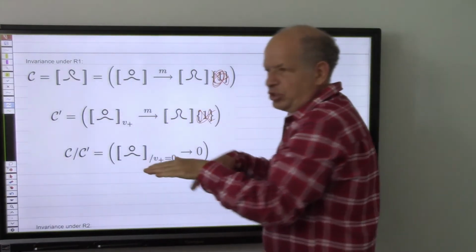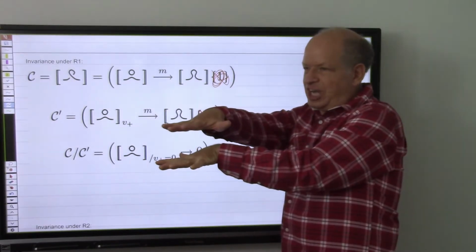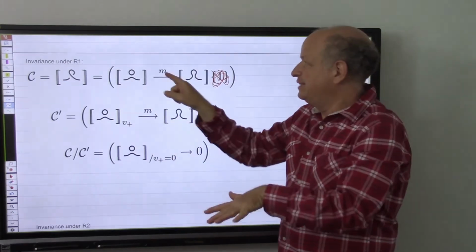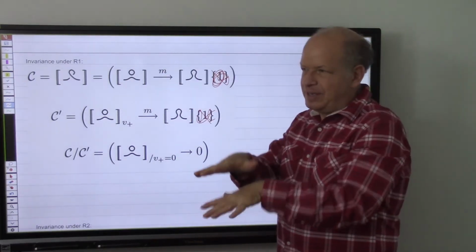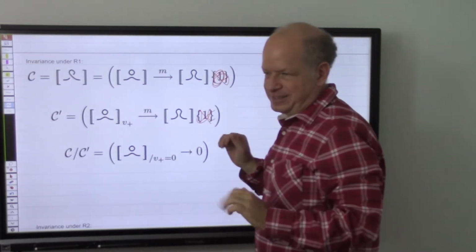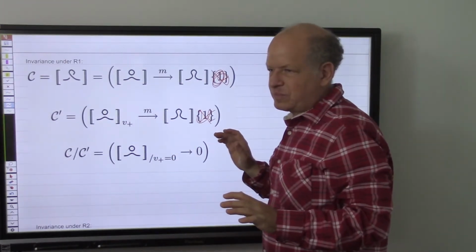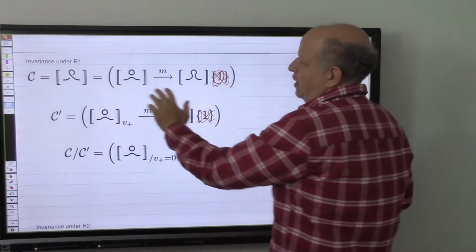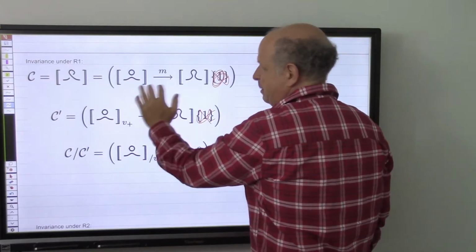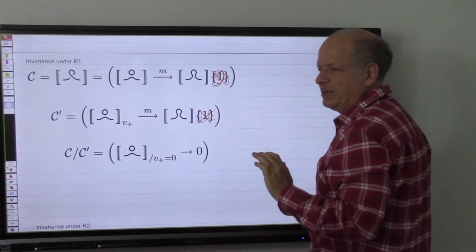And these two cubes are lying on top of each other, and there are maps between them. These are these maps M. And then I flatten everything to a single complex. But still, this picture represents something quite complicated.